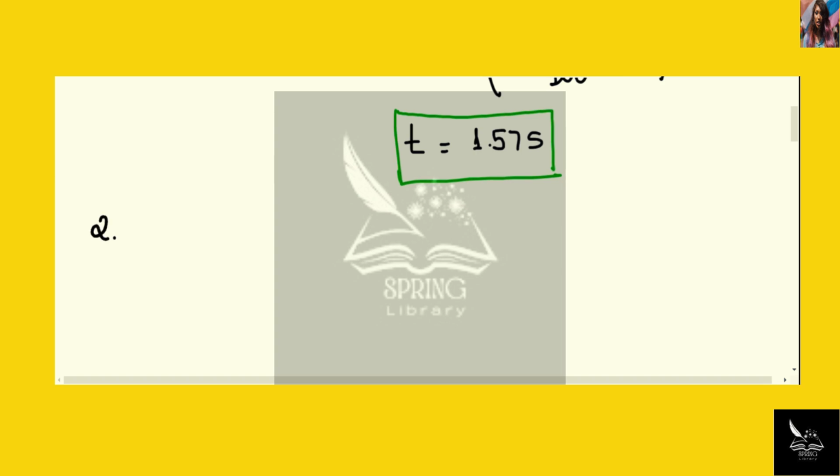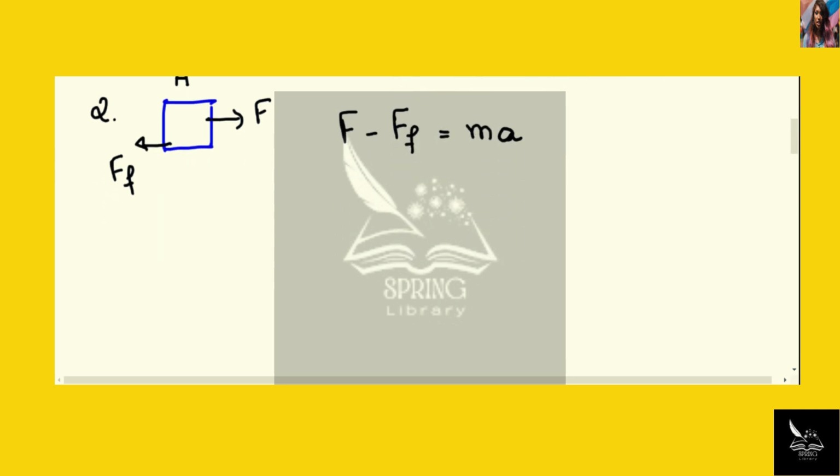And then in the second step, again, we need to draw a free body diagram of the block A. So we have force F and the force of friction, which in this case is the force of kinetic friction, and this is equal to the mass times the acceleration. Now let me substitute F by 100 times t to the 3/2, and the force of kinetic friction is mu K times mg.